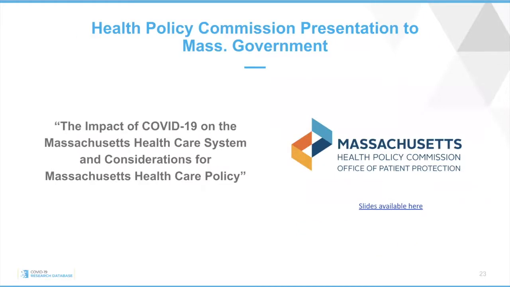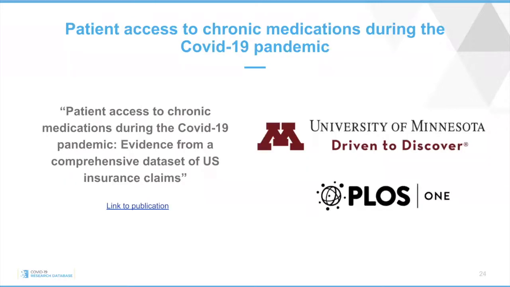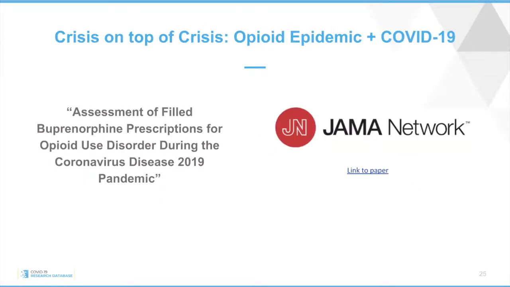The Health Policy Commission in Massachusetts has done amazing work on the impact of COVID in Massachusetts, looking at behavioral health in pediatric populations, as well as telehealth usage. We have a recent publication from a group that published on the impacts of access to chronic medications during the pandemic, and another group that published an assessment on the access to medically assisted treatment during the pandemic.